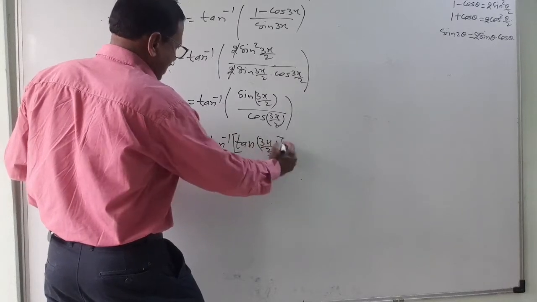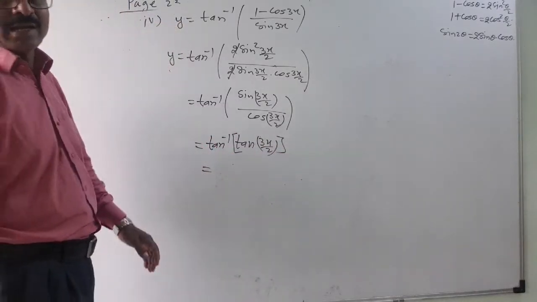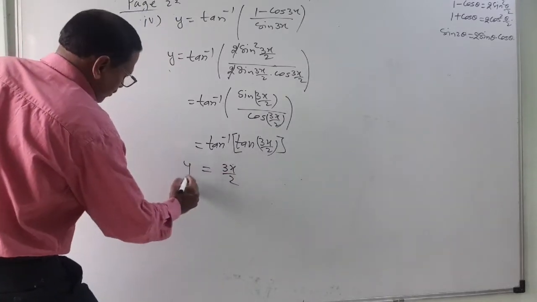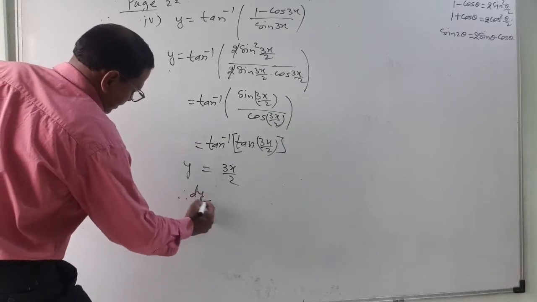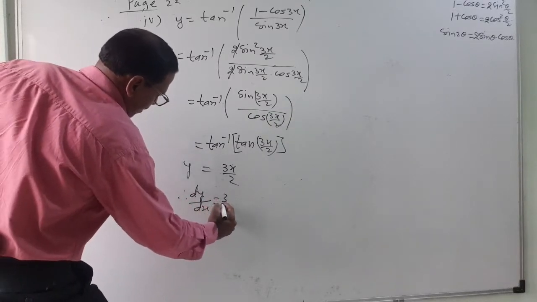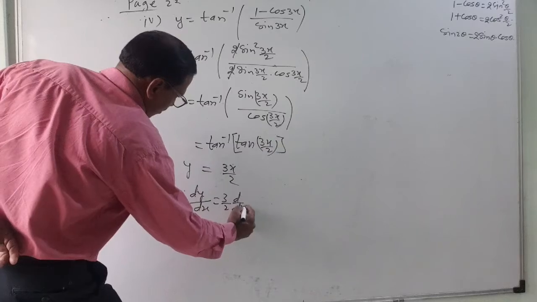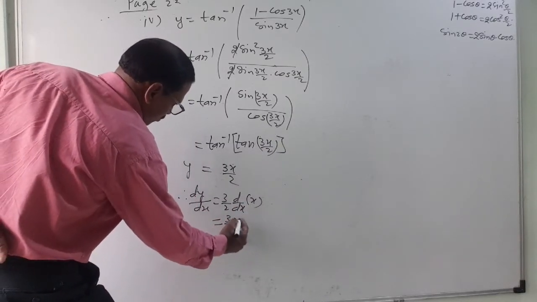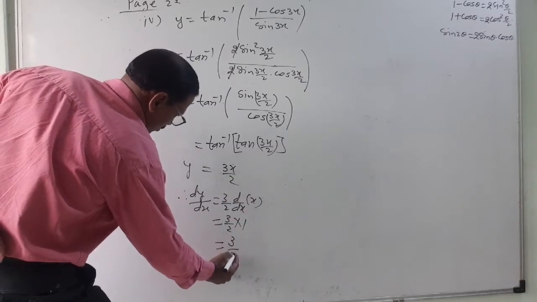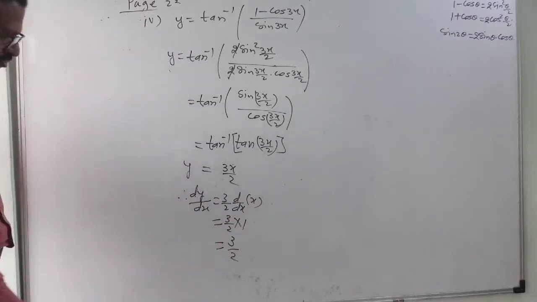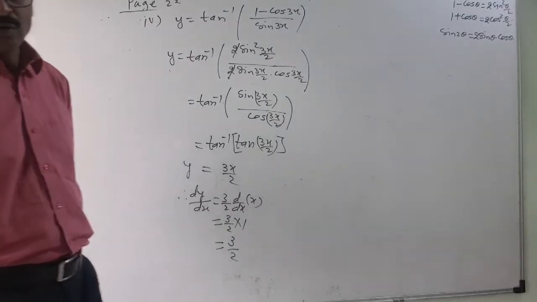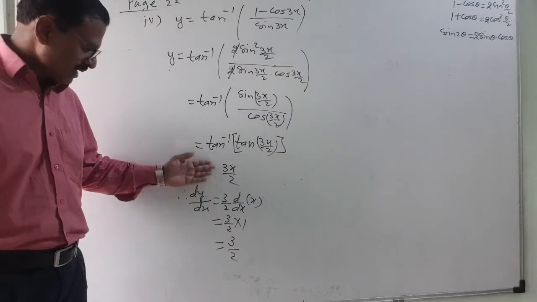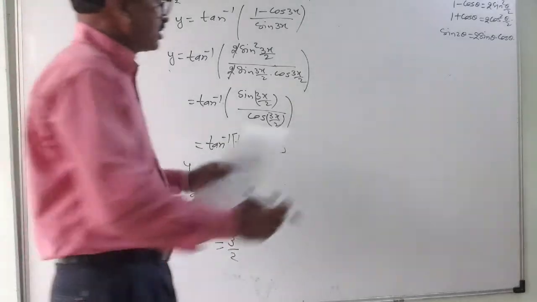Now this tan inverse and tan will get cancelled, and what will remain is 3x upon 2. Therefore dy by dx is equal to 3 upon 2 into d by dx of x, that is equal to 3 upon 2 into 1, that is equal to 3 upon 2. Answer: dy by dx is equal to 3 upon 2. Don't forget such important steps. Otherwise, generally what students do is they directly go to this step. Don't do that. It is not good.